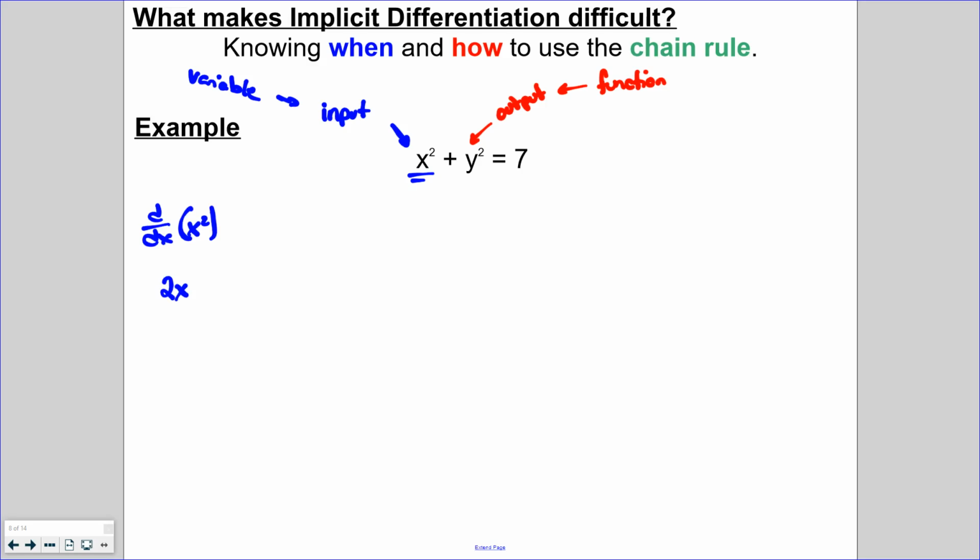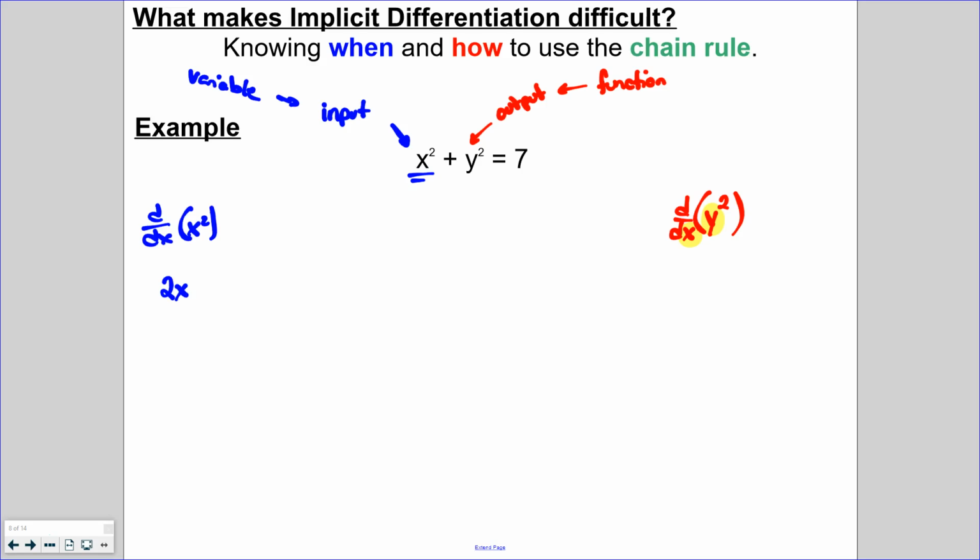Now let's take a look at the derivative of y squared. So d over dx of y squared. And now here's where it gets a little bit different, because we are taking the derivative with respect to x, because x is our variable. But we don't have an x in the expression. It's a y squared.